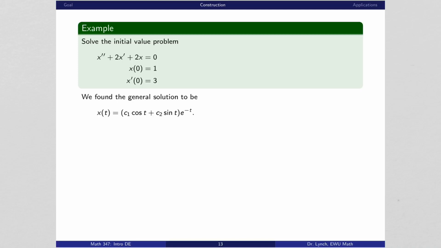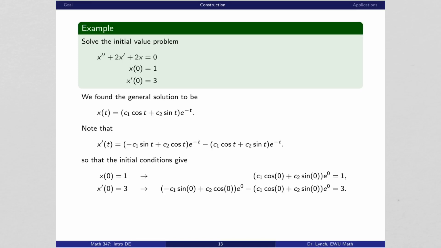You can see that x prime of t, using the product rule, can be expressed as some sines and cosines times an exponential, so that the initial condition x of 0 equals 1 gives us one relationship between c1 and c2, and the second initial condition x prime of 0 equals 3 gives us a second relationship between c1 and c2.